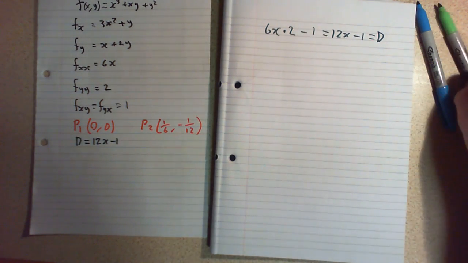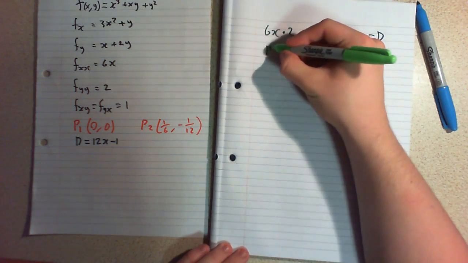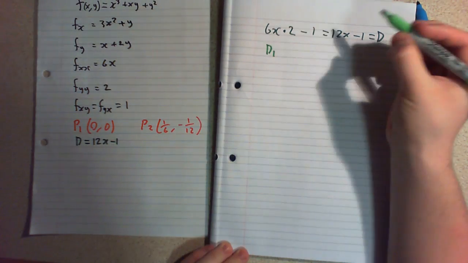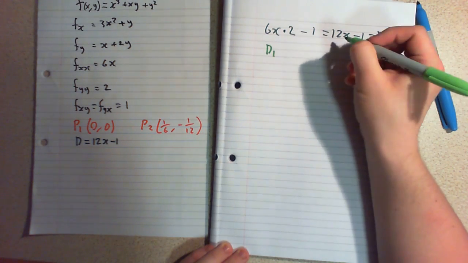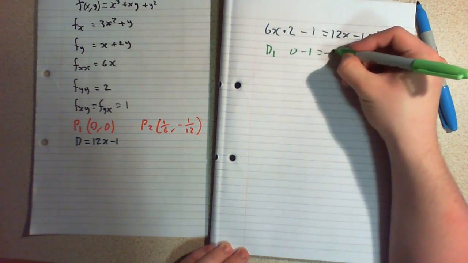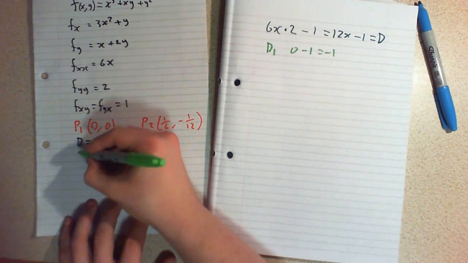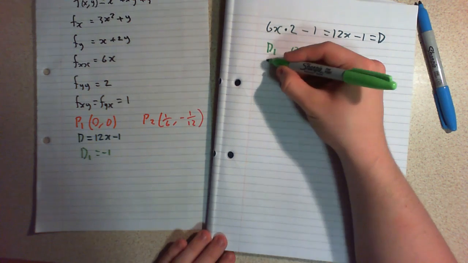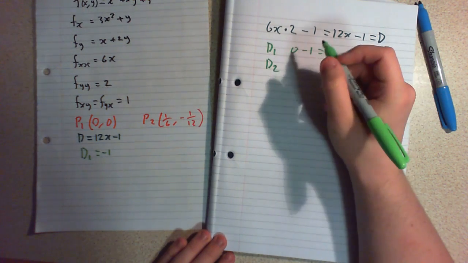Next thing we need to do is find D1 and D2. So for D1, punch in both of our values. 12 by 0 is 0, and then minus 1, so D1 is equal to minus 1. And for D2, we put in the value.